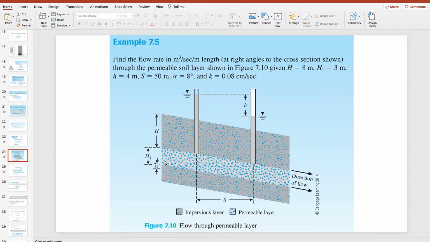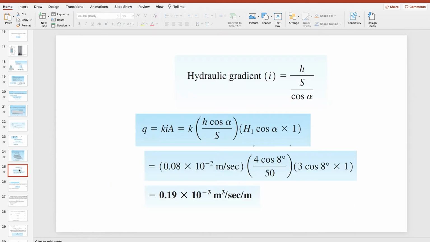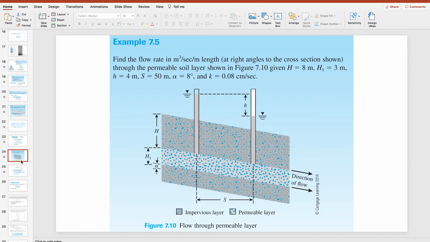H sub 1 times 1 meter. Yes, we are computing per meter. So it is a per meter length.